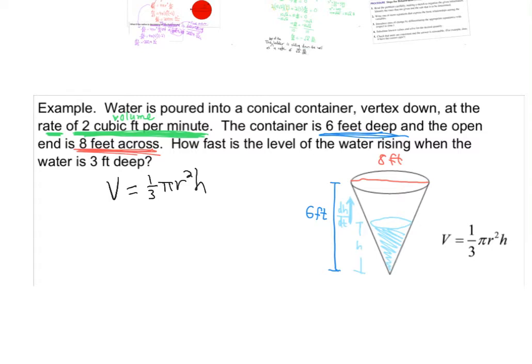We take the derivative of both sides of this equation, just as we've been doing in all of our other examples. Now here's the thing. We have 3 quantities that are varying with respect to time. We have the volume, V, varying with respect to time.